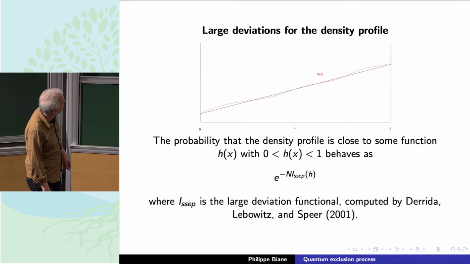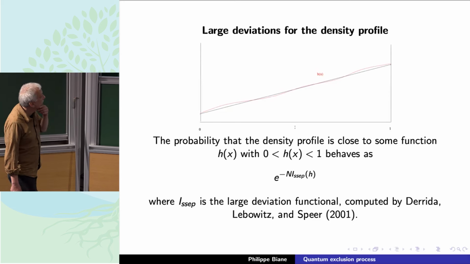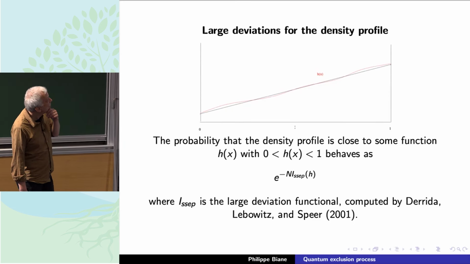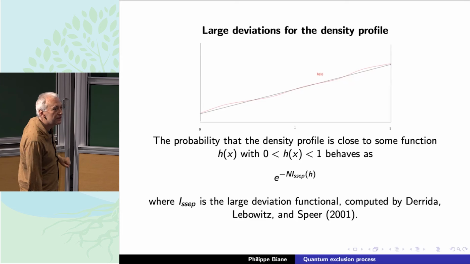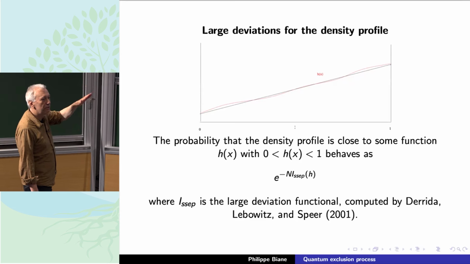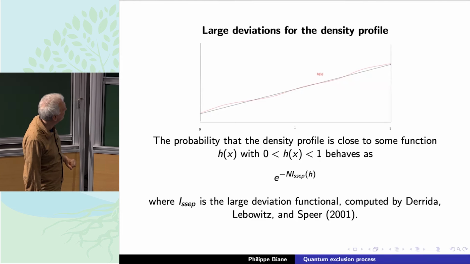A famous result by Derrida, Lebowitz, and Speer tells you what the large deviations are for the density profile. Here there is a little red curve. Can you see the red curve? You have the limit density profile, which is a straight line, and you look at a small variation of this density profile.